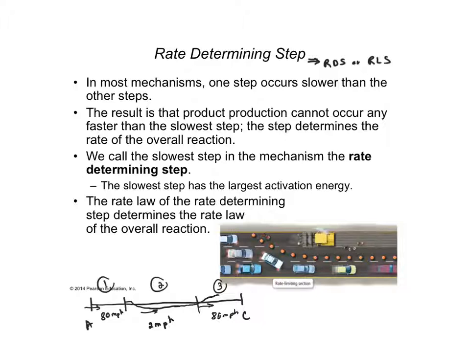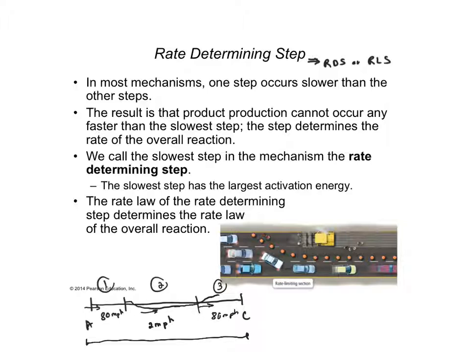When we want to know how quickly you get from A all the way to C, which one's going to determine that? 2, right? And essentially, what do you think long-term your rate in going from A to C is actually going to be? Similar to, right?